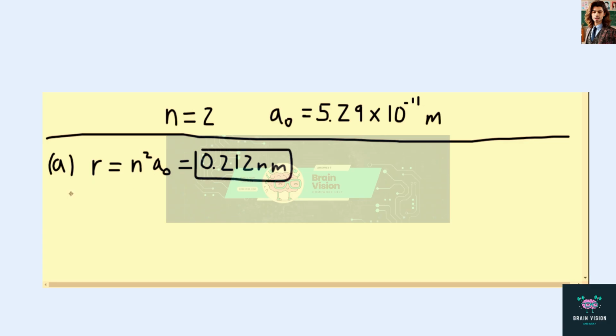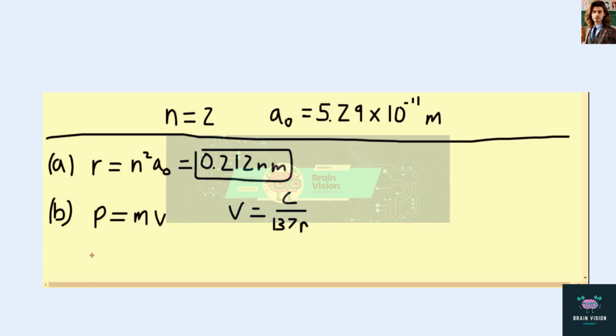For part B, it wants us to find the momentum of the electron at this distance. Of course, our equation for momentum, p, is equal to the mass of the electron, which is 9.1 times 10 to the minus 31 kilograms, times the speed of the electron, where the speed, v, is equal to the speed of light, c, divided by the fine structure constant, 137, times the orbital that we're at, n.